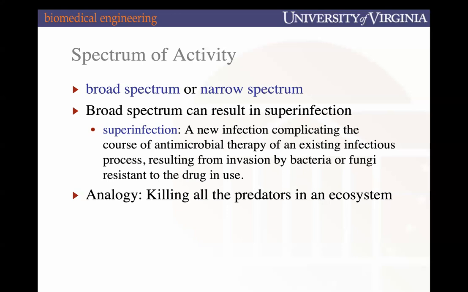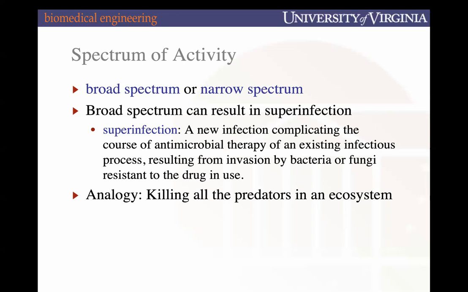There's going to end up being a selection for those that can survive that broad spectrum antibiotic, and will eventually lead to subsequent really problematic infections. One example of that is C. difficile. That is usually one that crops up in hospital settings when broad spectrum antibiotics are used, and it's this gut infection that can be really dangerous.